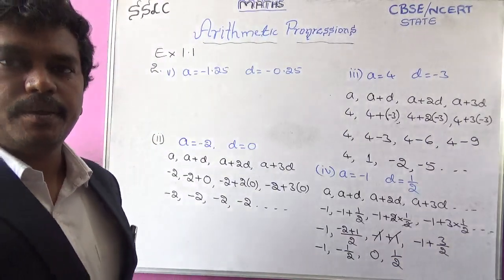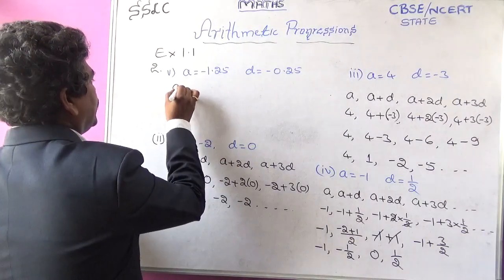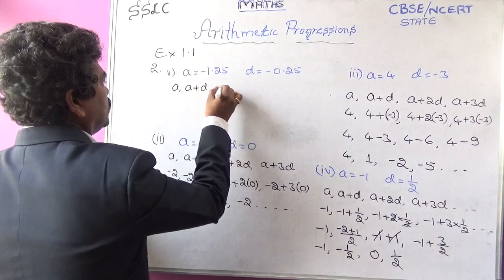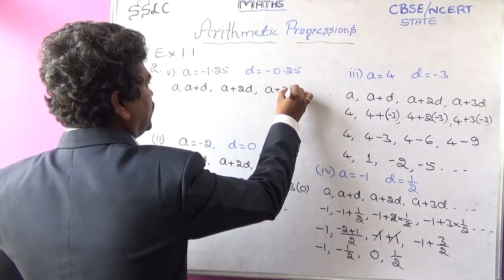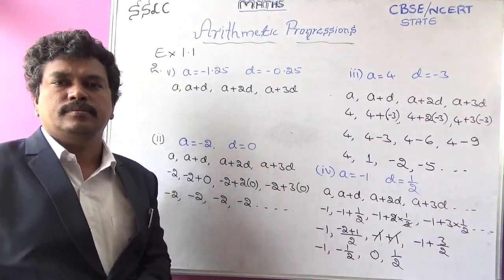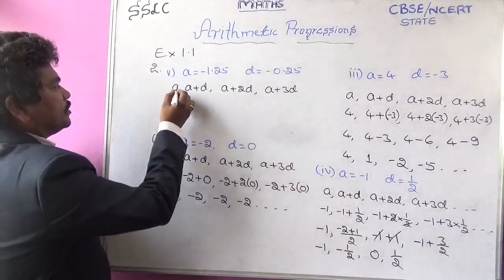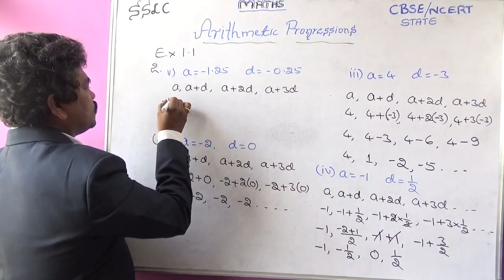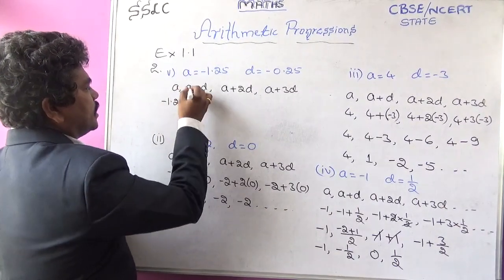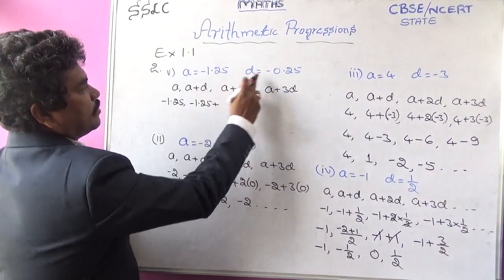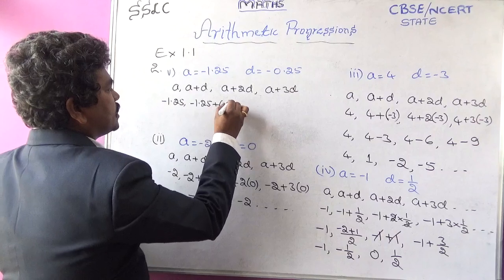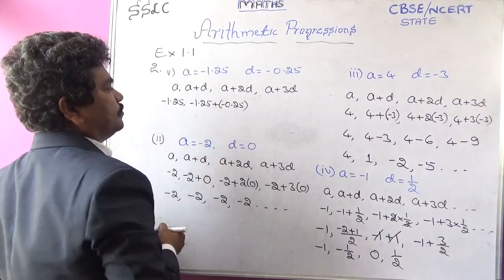So for finding AP, here you observe A, A plus D, A plus 2D and A plus 3D and so on. So now we have to substitute the values here. So minus 1.25, A is here, minus 1.25 plus the value of D is minus 0.25.